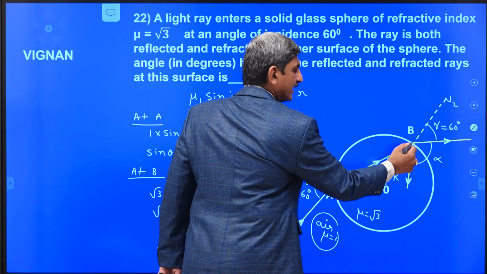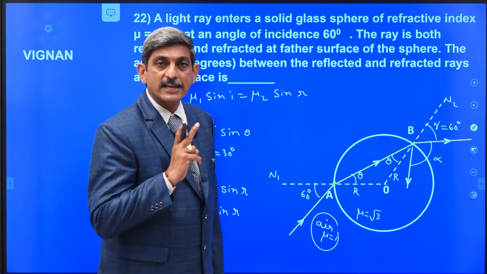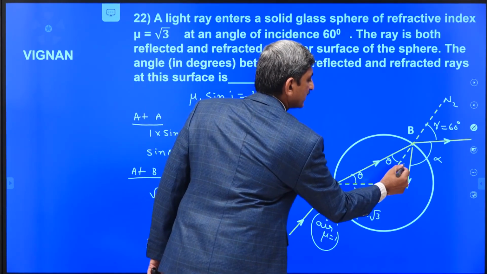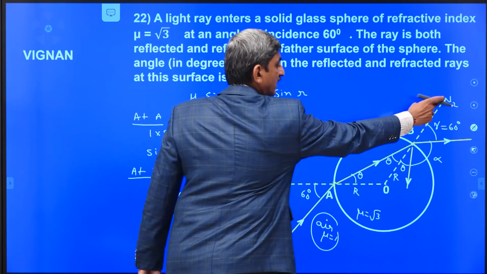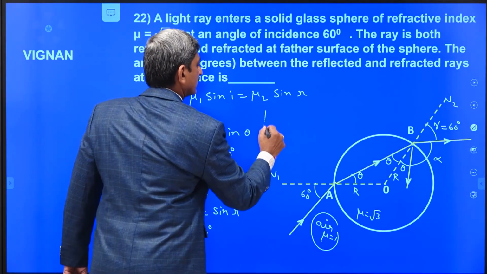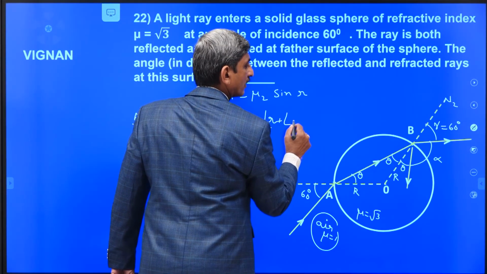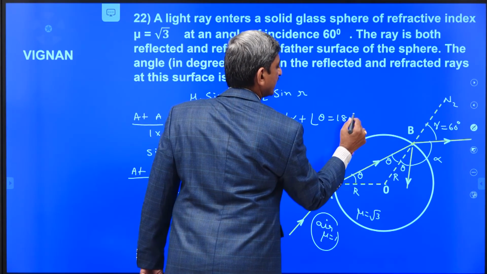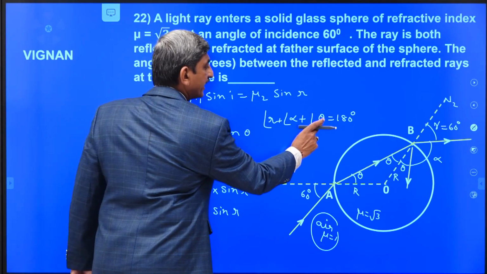And at point B, the light ray is also reflected. According to the laws of reflection, the angle of incidence and the angle of reflection are equal. That's why if this angle is theta, this angle is also equal to theta. Now, along the line N2BO, if we write down the angles, the sum of the angles R plus alpha plus theta must be equal to 180 degrees at this point B. R is known for us, theta is known for us.